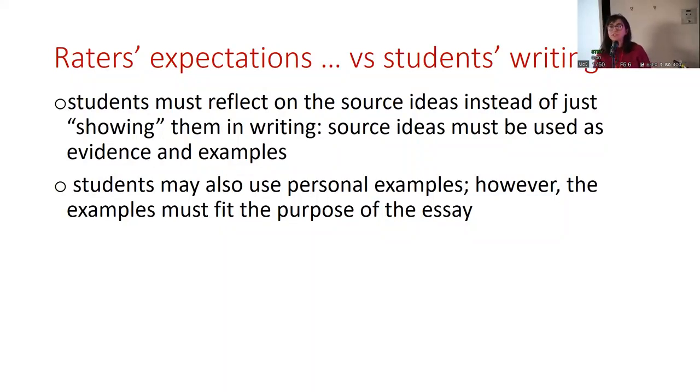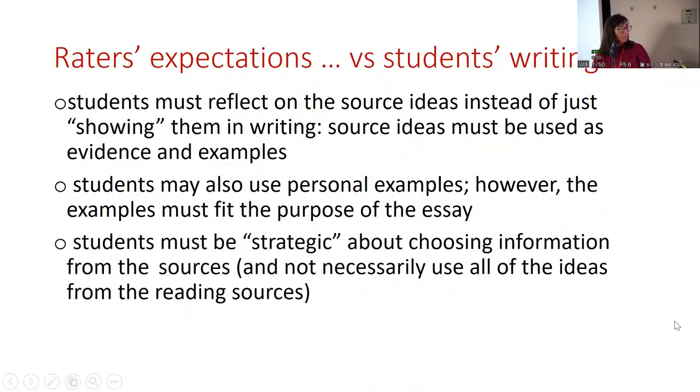But the raters expected that example to fit the purpose and also to bring evidence or supporting elements from the reading, and not just leave that example there as a standalone example. And students must be very skillful and strategic about choosing information from the sources and not necessarily use all of the ideas from the reading sources.